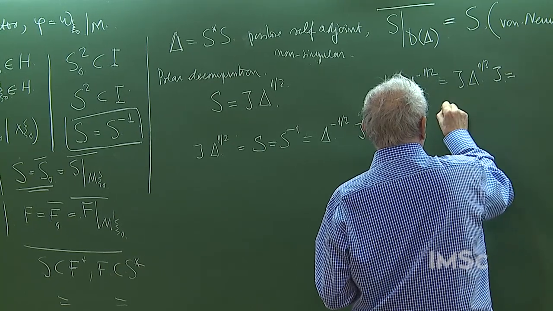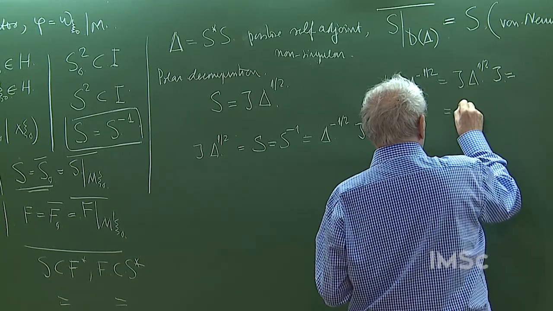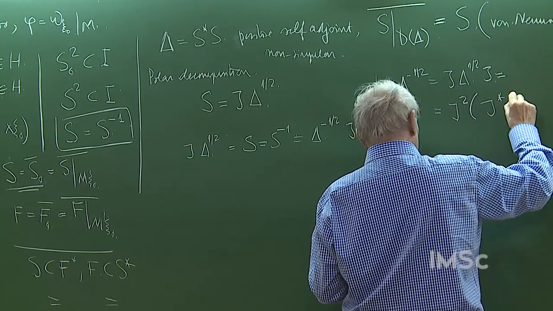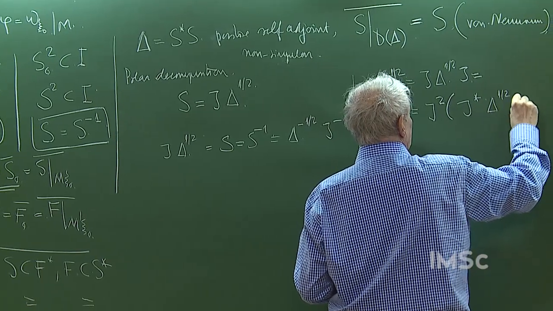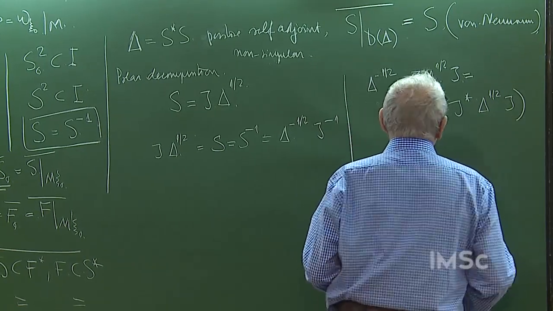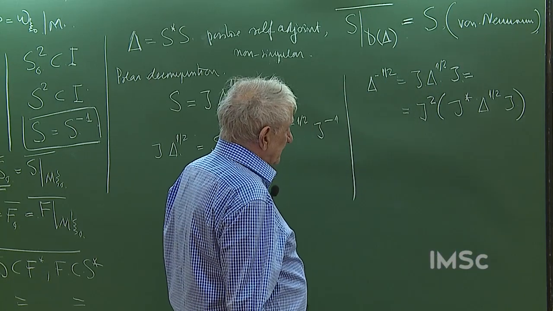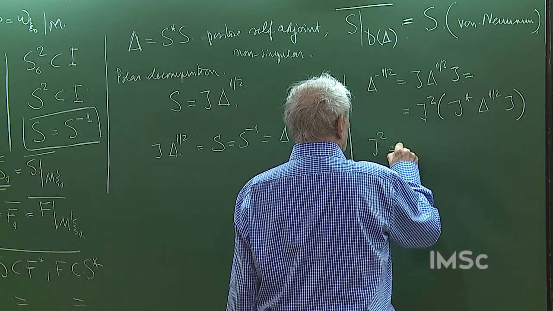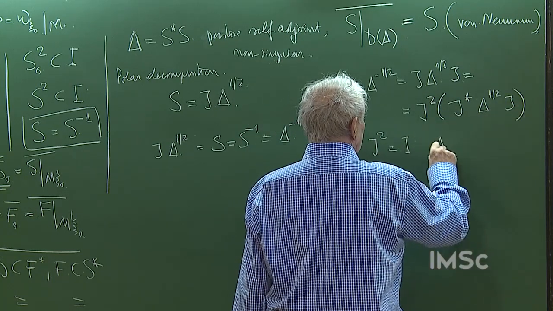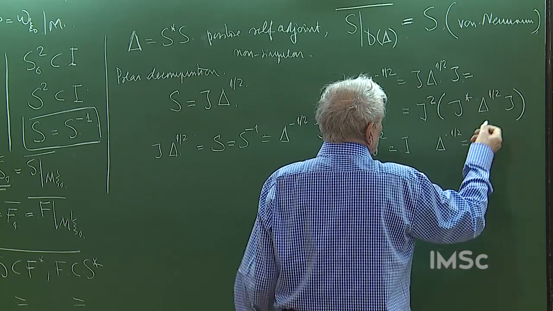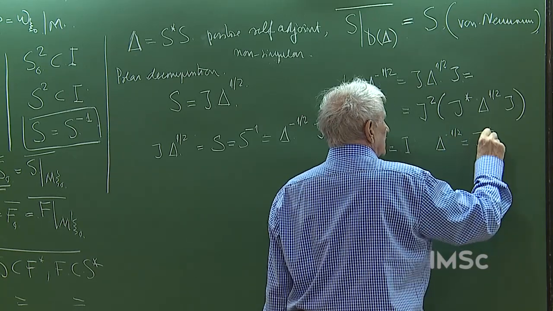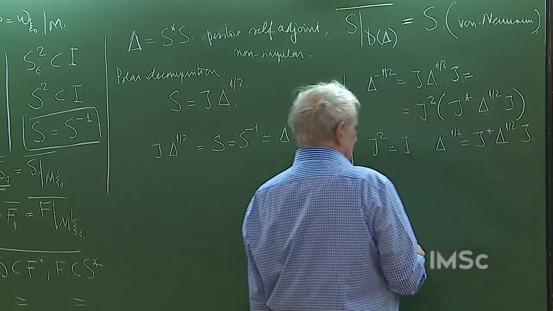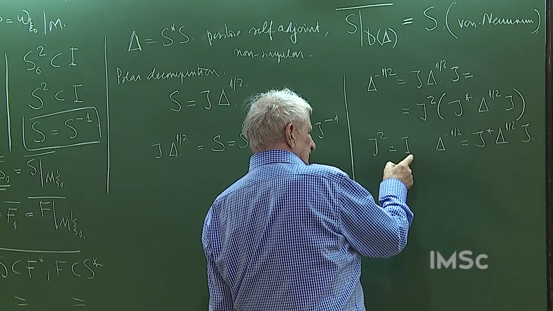And I can write this as J² times J*Δ^(1/2)J. Now, by the uniqueness of the polar decomposition, it follows that J² is equal to the identity, and Δ^(-1/2) is equal to J*Δ^(1/2)J.